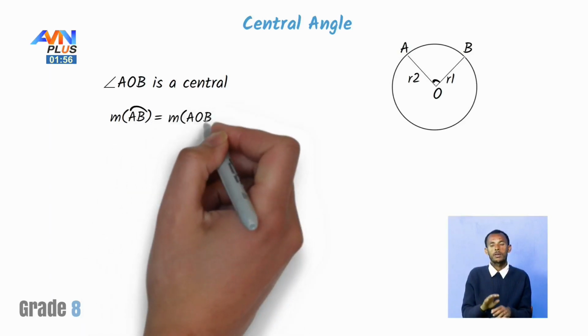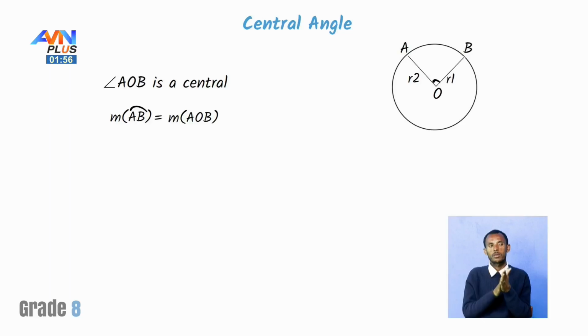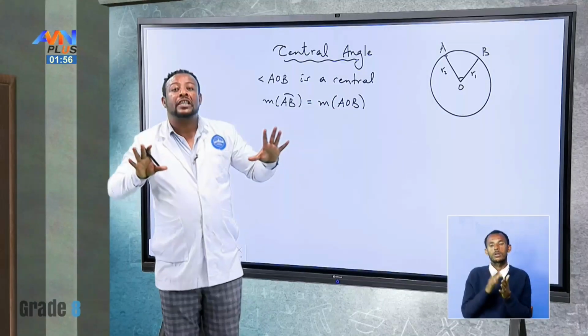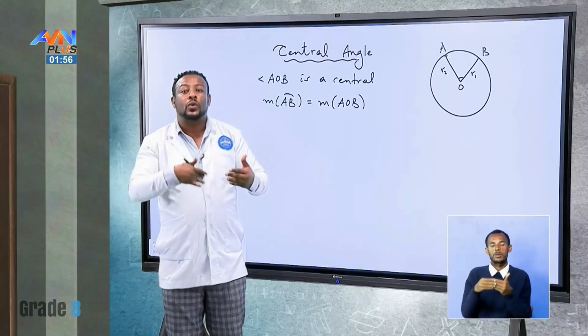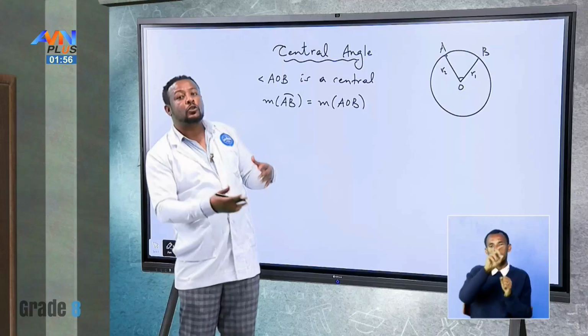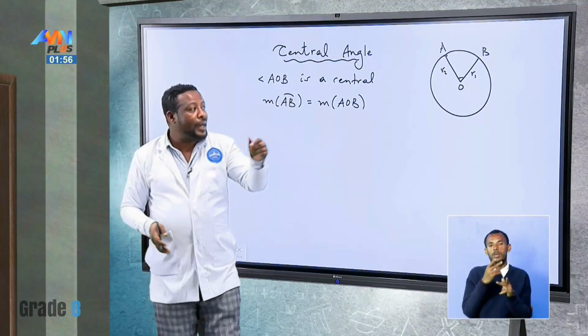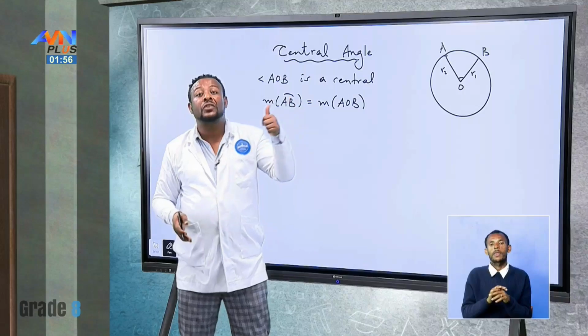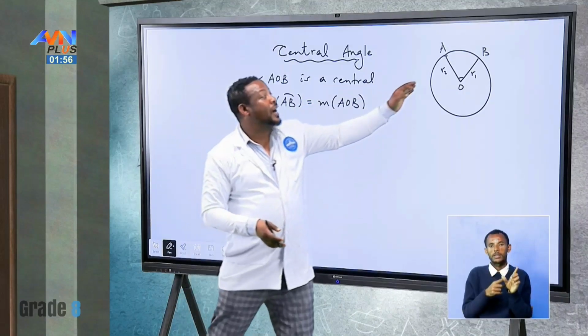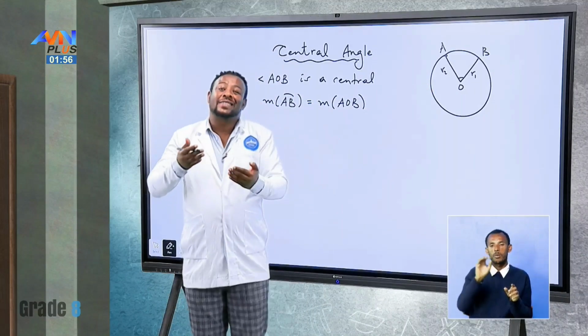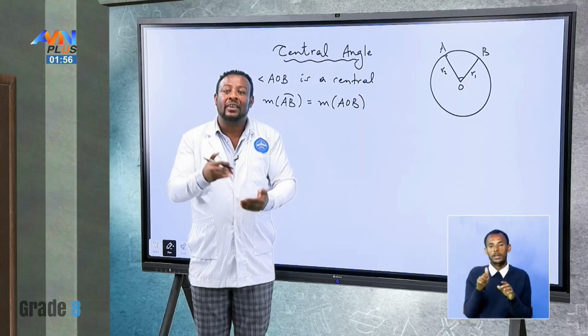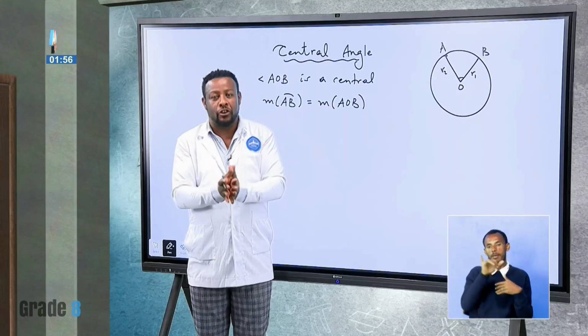You need to remember this principle whenever we are solving questions related to central angle. So keep in your mind that the central angle AOB and the arc that subtends it have the same degree measure, right?